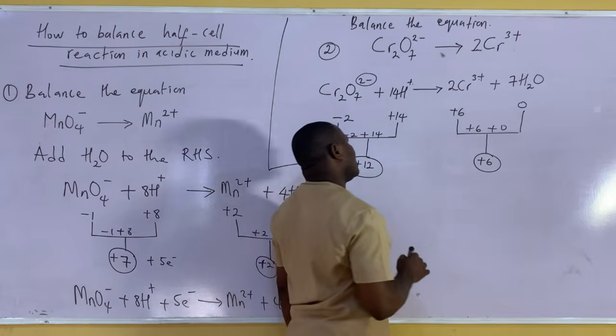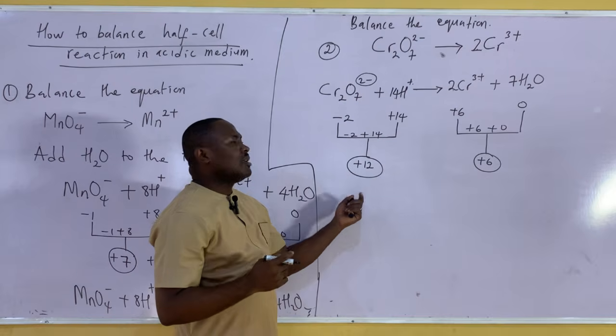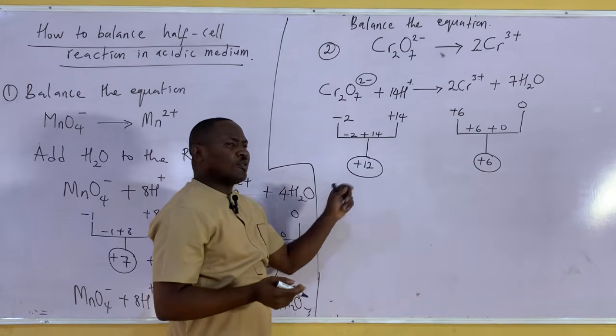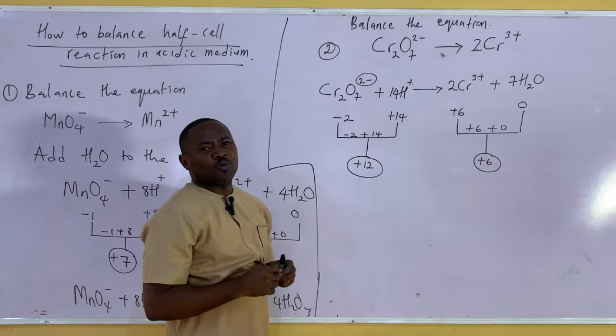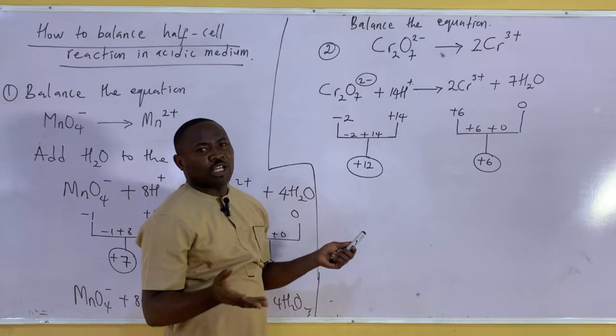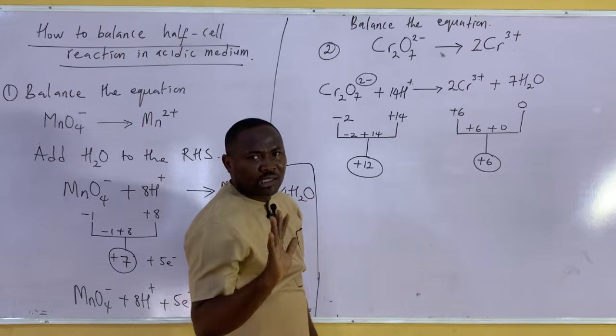So now if you see this, you ask yourself, are the charges balanced? No, they are not balanced. So which one is bigger? 12 is bigger. If you remember one of our classes, we said always add electrons to the side with a higher charge. So to make 12 equal 6, I will be adding 6 electrons.